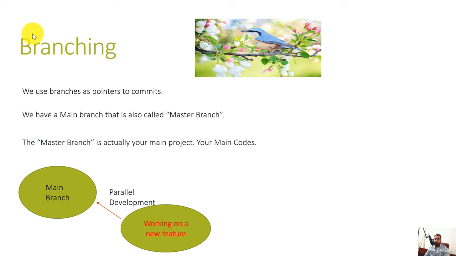And then when we know that it works perfectly, we are going to add this feature to the main branch. In this case, we do not mess with the main branch or the origin master.